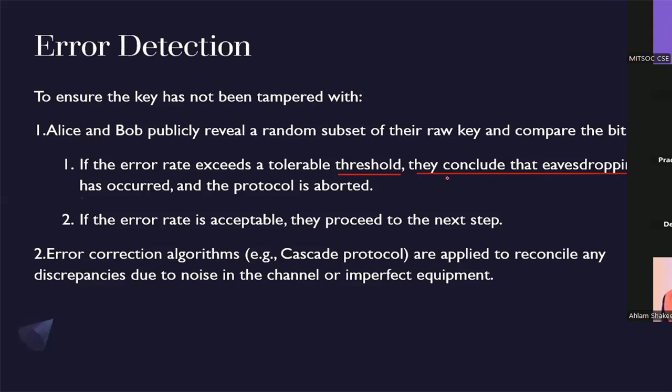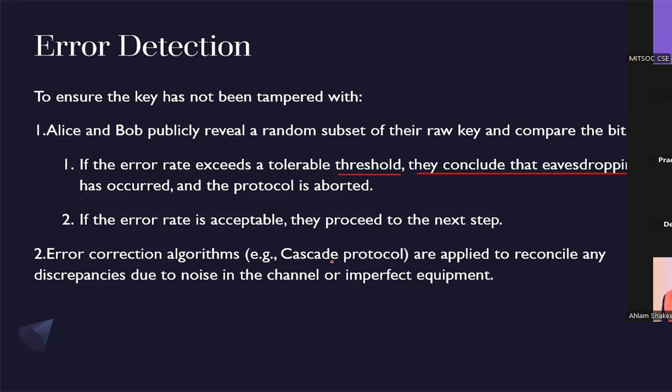But mostly we conclude that eavesdropping has occurred, and the protocol needs to be aborted and we need to restart the key generation. If the error rate is below the threshold, then it is acceptable and they can proceed to the next step. Okay, so here, error correcting algorithms.